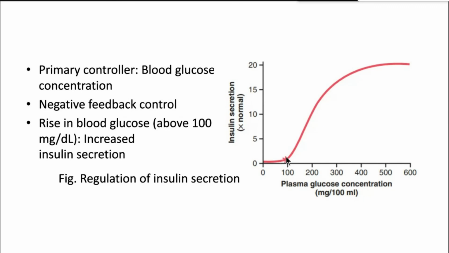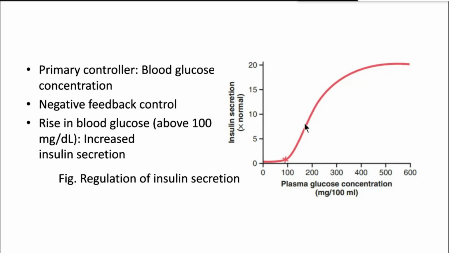But after 100, which we take as the cutoff for the normal glucose tolerance test also, there is a rapid increase in insulin secretion that is proportionate to the increase in plasma glucose level up to a certain point. We can see here, even up to 200, there is already a 10 times increase in insulin secretion.